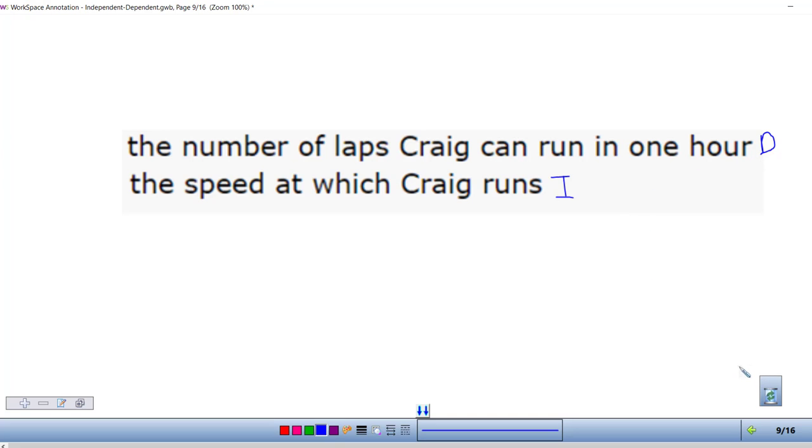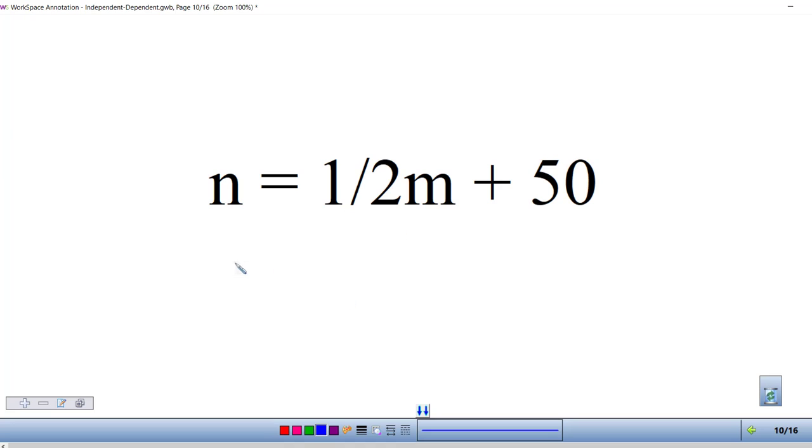Remember, independent has to happen first, and the dependent depends on it. Okay, another equation. Whatever is by itself is our dependent, and M is our independent. That is what we would plug into. Not 1/2 M, just M.